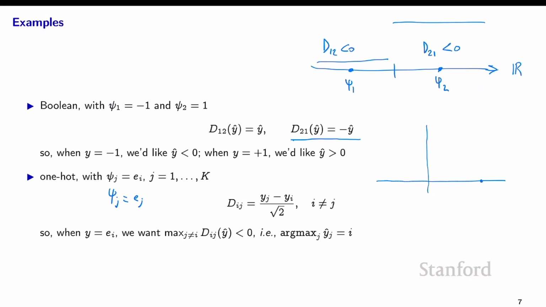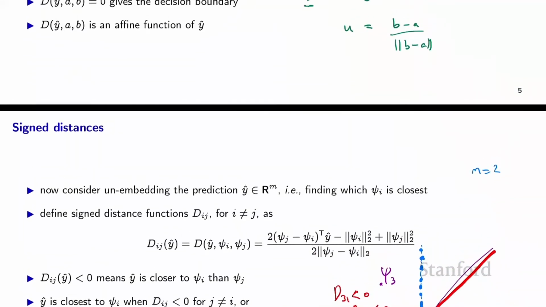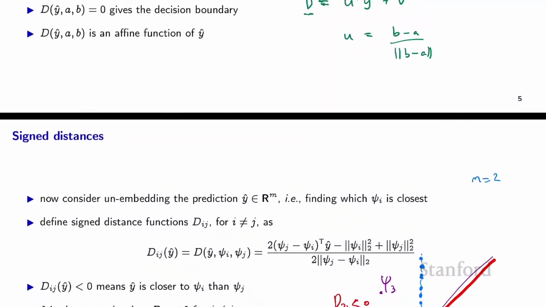This is psi1 and this is psi2 in 2 dimensions if we're embedding using one hot. This is, of course, (1, 0), and this is (0, 1). And so the distance between those 2 points is simply root 2. And so dij is yj minus yi on root 2, where in order to compute that, of course, we've used our definition here.